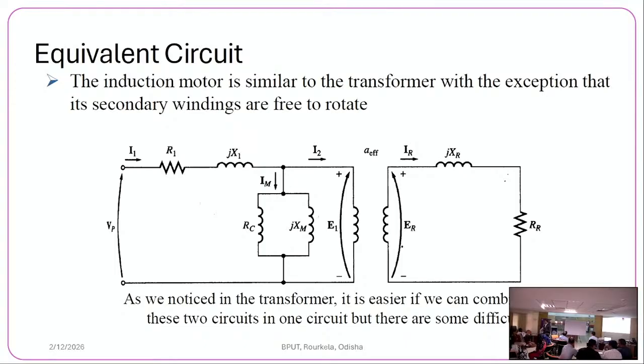Similarly, in the blocked rotor test, we will get the humming sound. That is also one important point you can always tell your friend. The transformer humming sound is there because the secondary is trying to rotate, but it is not rotating. When in an induction machine you block the rotor, it will produce sound. Humming sound. This is an analogy also.